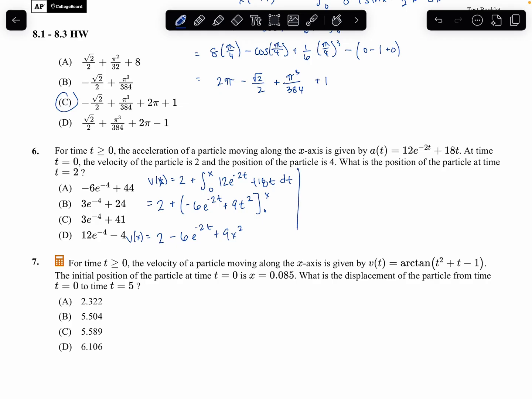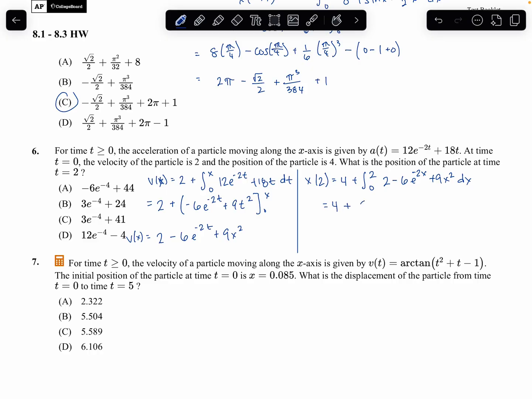Then if I want to find the position of the particle, we'll say x of 2 is equal to 4 plus the integral from 0 to 2 of 2 minus 6e to the negative 2x plus 9x squared dx.